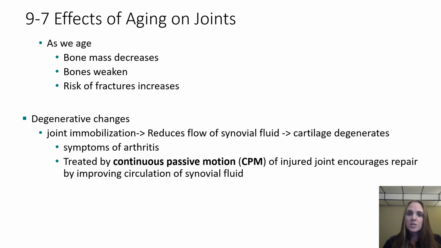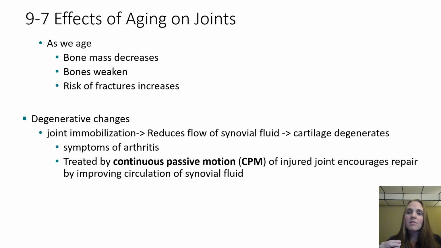For synovial fluid to be produced, those joints need to be moving. We need that motion within the joint to stimulate production of the synovial fluid. So if we don't have motion, then that synovial fluid is not produced adequately. And then the cartilage degenerates, because remember, the cartilage gets its nutrients and gets rid of its waste through that synovial fluid moving in and out of it.